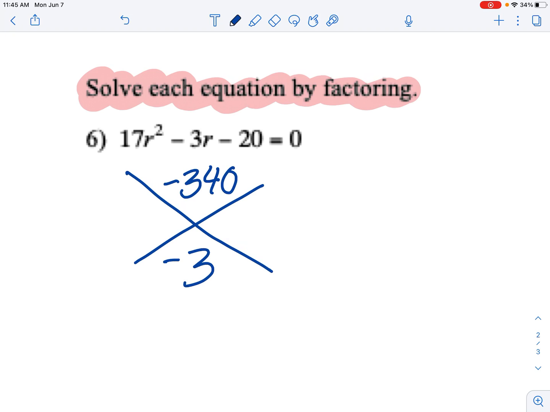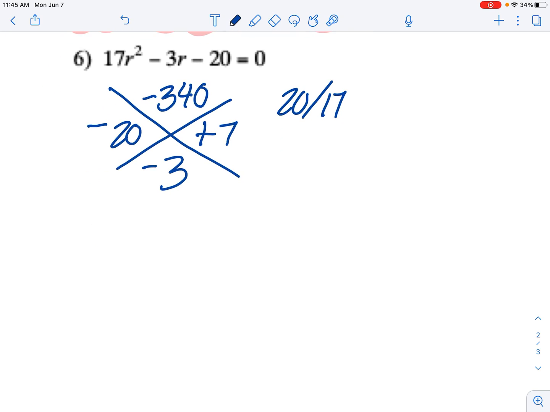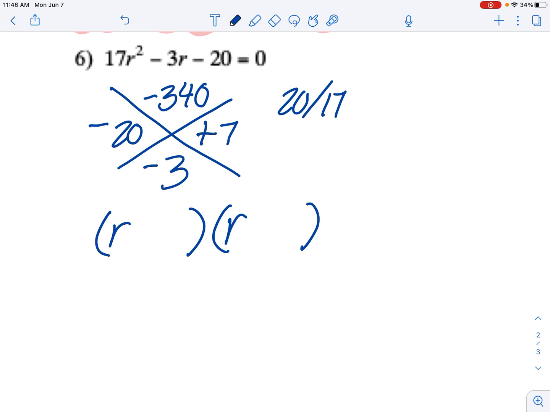So two numbers that multiply to give me 340 and subtract to give me 3 are 20 and 7. Since the bottom is negative, my bigger number, 20, is going to be negative, and 7 is going to be positive. So I set up 2 parentheses, and minus 20 and plus 7 go in there, and this equals 0. I can't forget my equals 0.